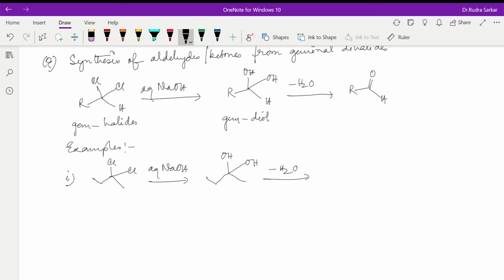So you can think that this particular OH bond is breaking and coming like that, and this OH bond goes away. Technically, you're taking out a water, so obviously this will be giving you a ketone.